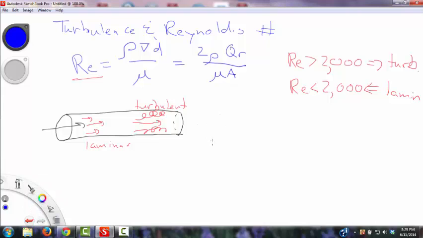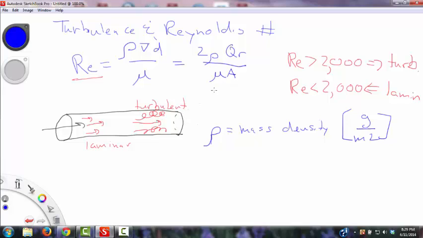So let's start with this rho, which I wrote like that. That is the mass density, and it will have units something like grams per milliliter. So mass per unit volume.